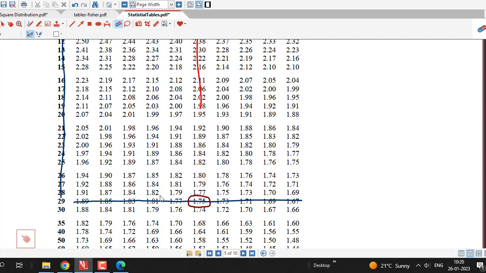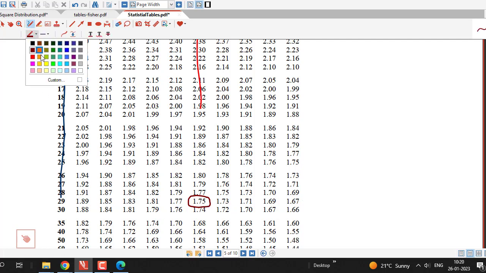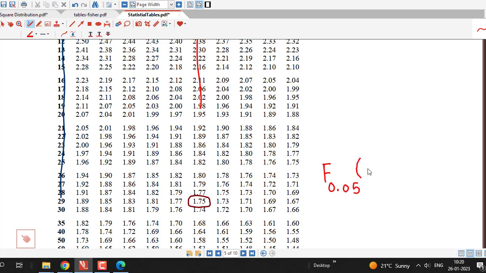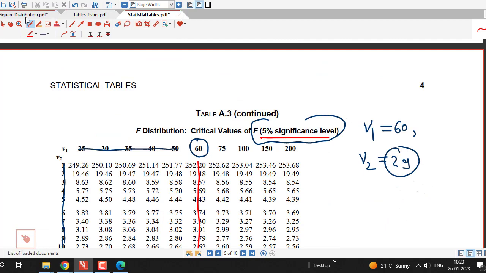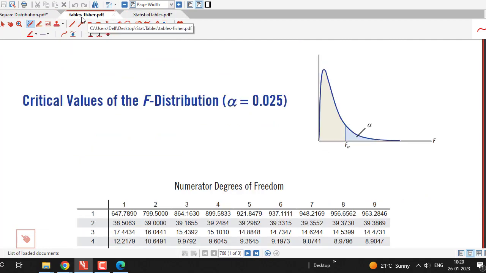So let me remove this, and here I obtain my critical value F for alpha equal to 0.05 level of significance, numerator degrees of freedom 60, denominator degrees of freedom 29, and it turns out to be 1.75. So in this way we can find values corresponding to right tail probabilities.